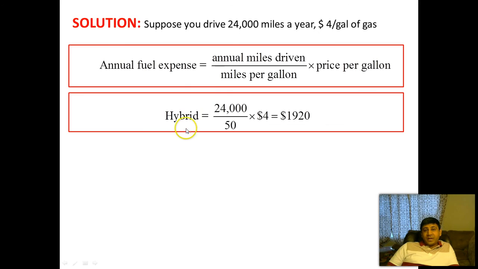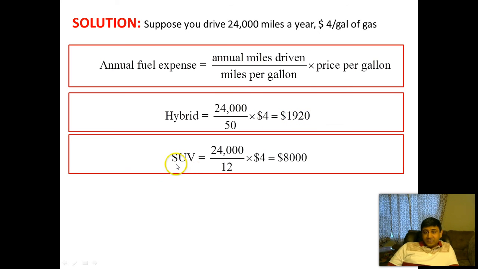For the hybrid, we divide 24,000 miles by miles per gallon, which is 50, and times the price. If you work this out, our annual gas expense is $1,920 for the hybrid. And if you drive an SUV, you do the same math, and it turns out that it costs $8,000 every year.